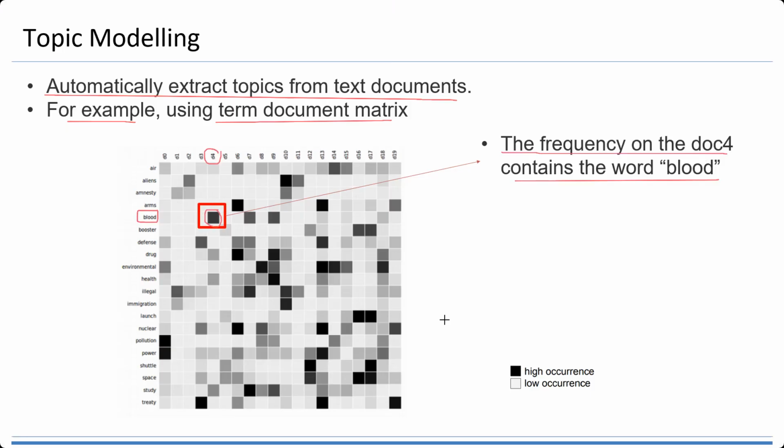Because the color is dark, we can say this is a high occurrence. If the color is white, then it is low occurrence. When the color is black, the frequency is high. On the word arms in document 6. If you look at the word environmental, this document has a high occurrence.